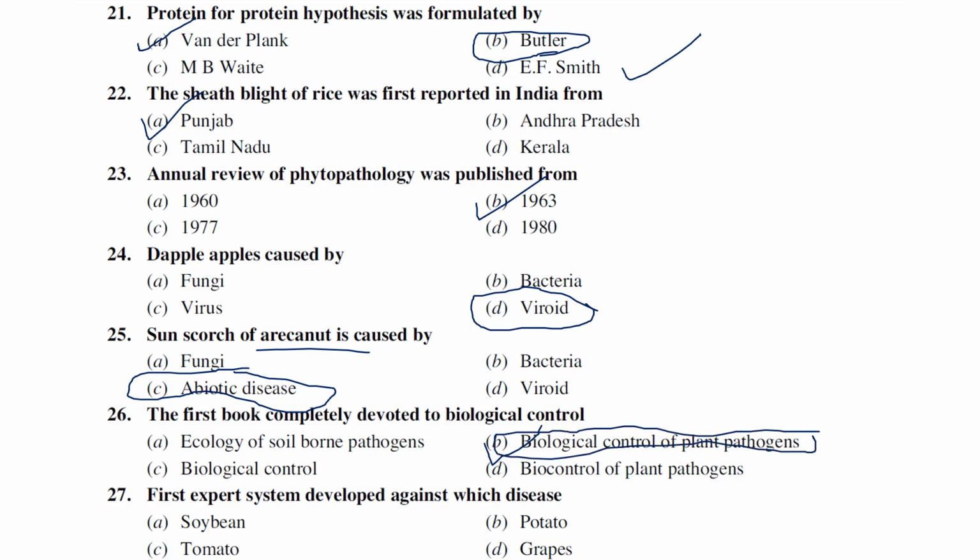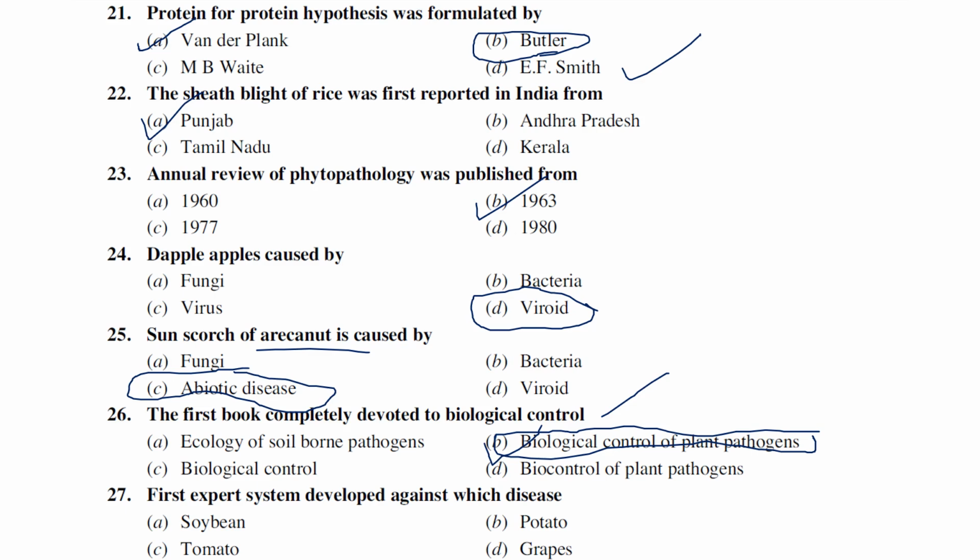When we ask what is the first book completely devoted to plant pathology, diseases of cultivated crops and their causes and control, it was written by J.G. Kuhn in 1858. That book is considered the first textbook completely devoted to plant pathology.